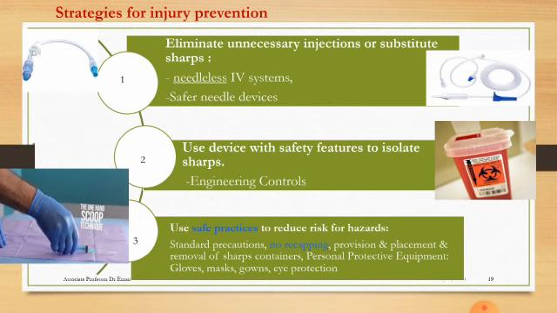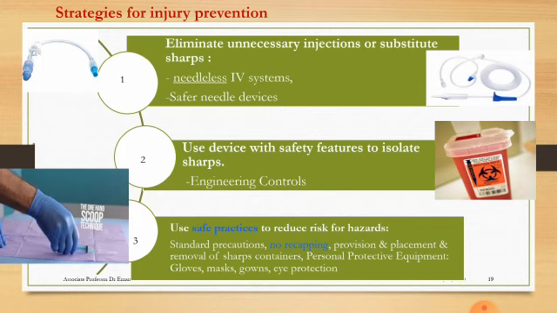The second is to use a device with safety features to isolate sharps. So we put these red containers with a biohazard label in order to prevent exposure to these sharp materials. This is what is called the engineering control.